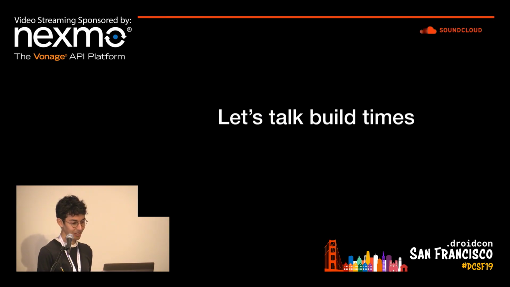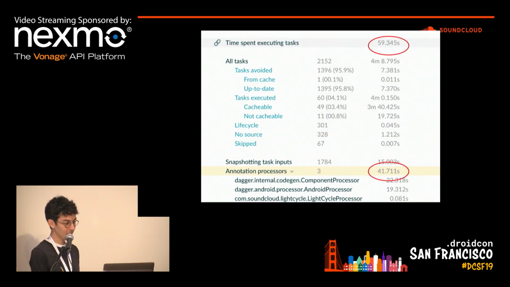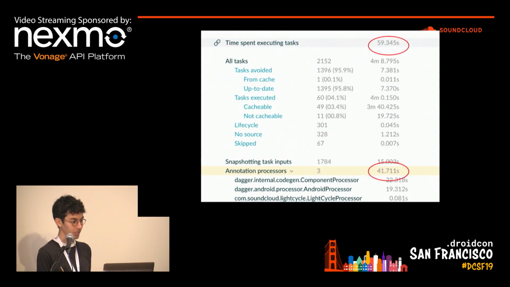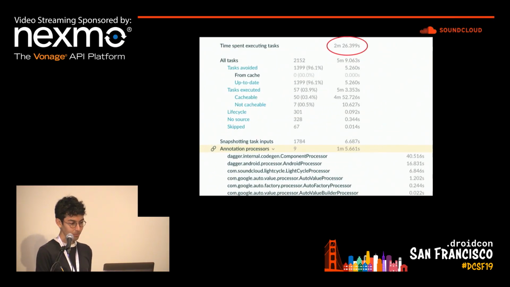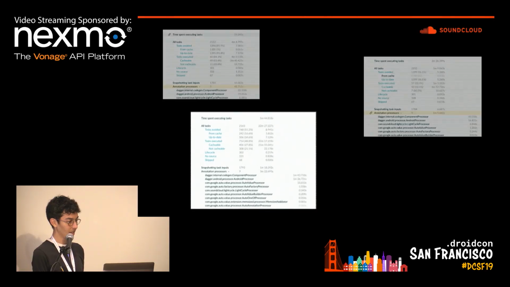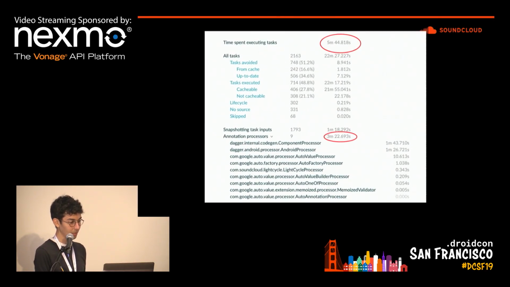So anyways, let's talk build times. Obviously, I showed this slide earlier. There's a 59-second build that spent 41 seconds annotation processing. There's a 2-minute build that spent 1 minute annotation processing. And this one from the earlier slide, 5 minutes, spent 3 minutes annotation processing.